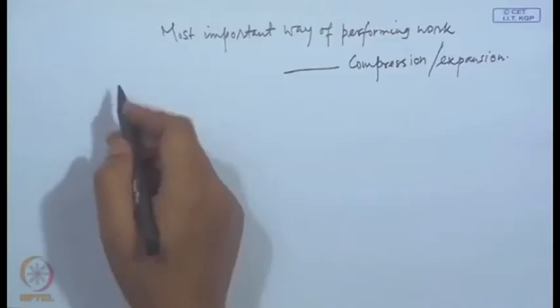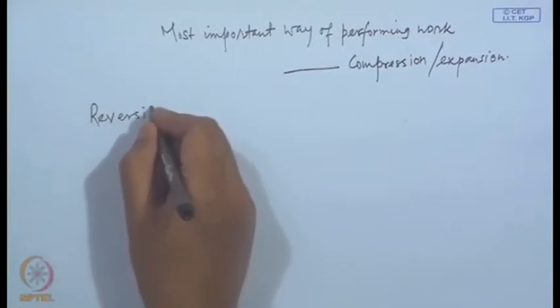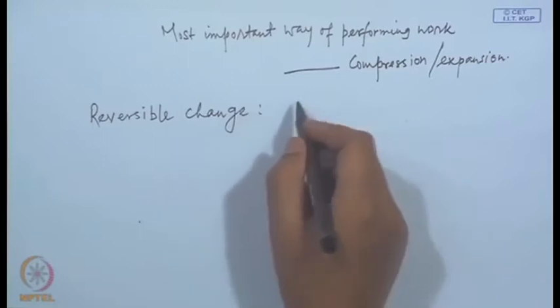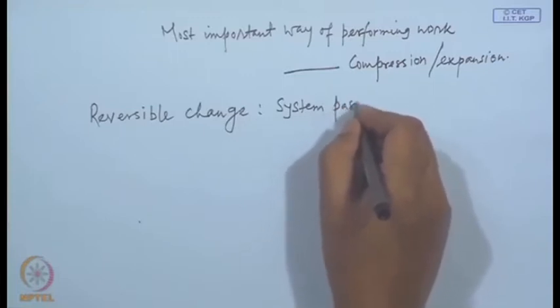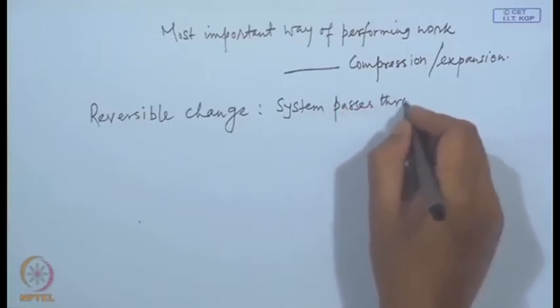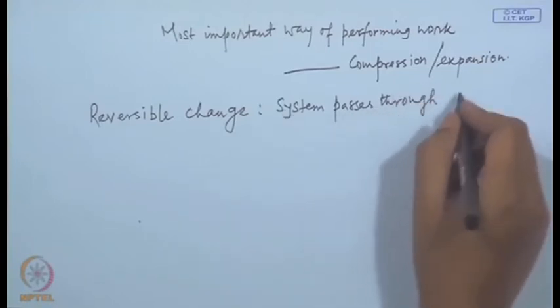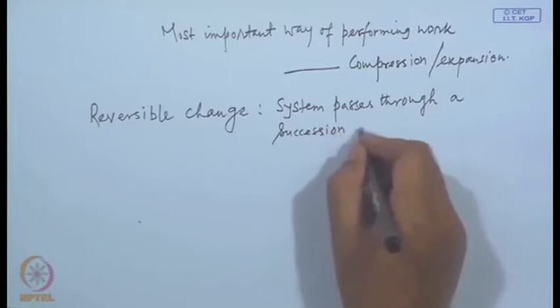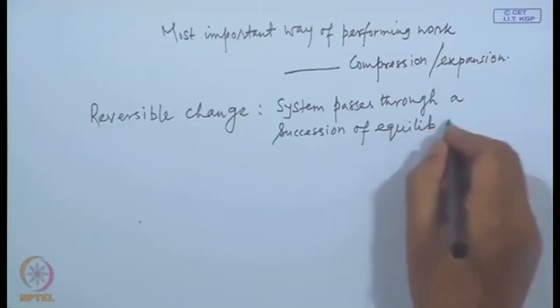That type of changes are called reversible changes, that is, the system passes through a succession of equilibrium states.